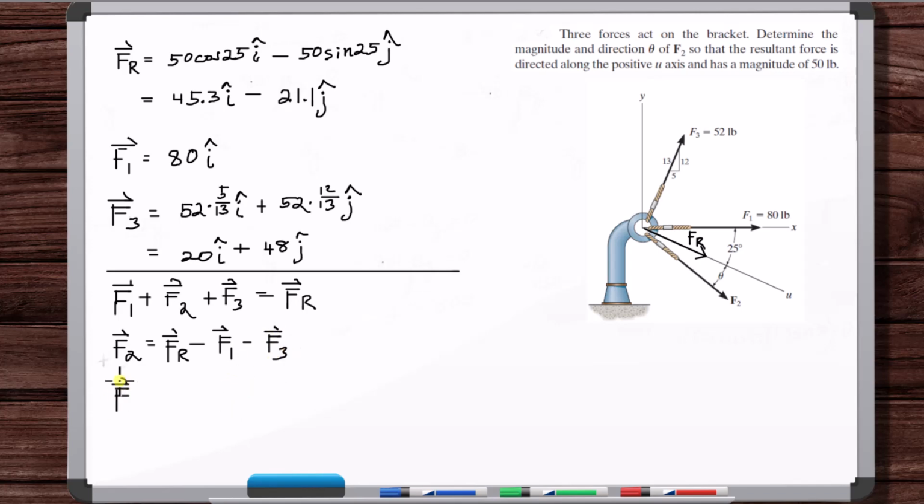Okay. So just go do this with the components. So FR 45.3 minus 80 minus 20. Okay, we had FR minus 80 minus 20. That's right, okay? Let me make sure I'm doing this right. So now we put FR again, minus F1, and then minus, which is 0, then minus F3.